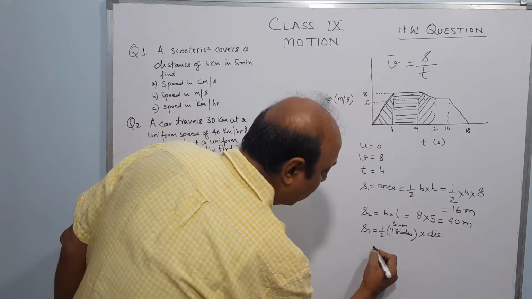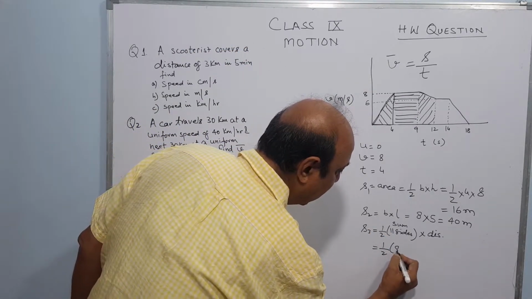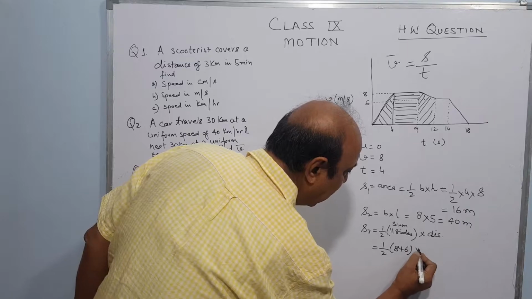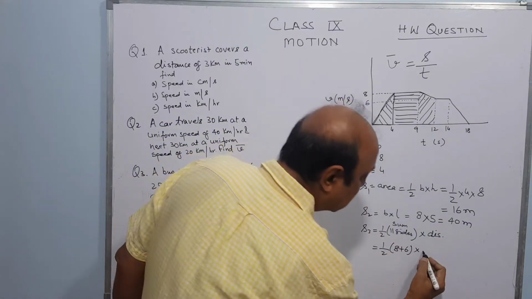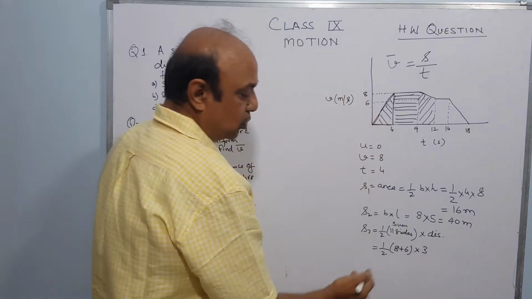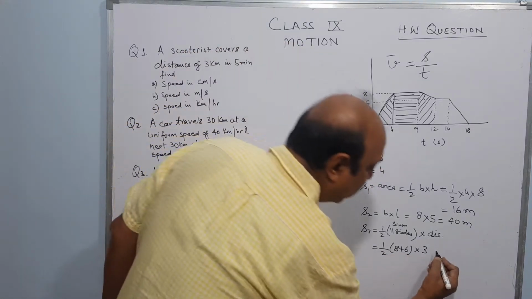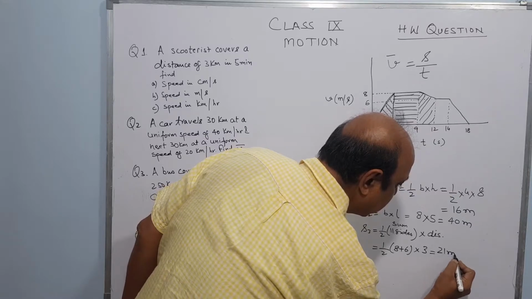So half of 8 plus 6 into the distance between them, which is 12 minus 9, that is 3. So this makes it 7 into 3, 21 meters.